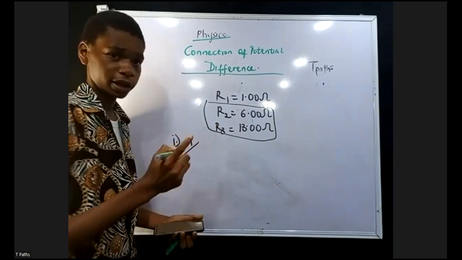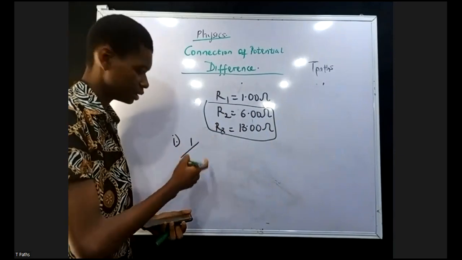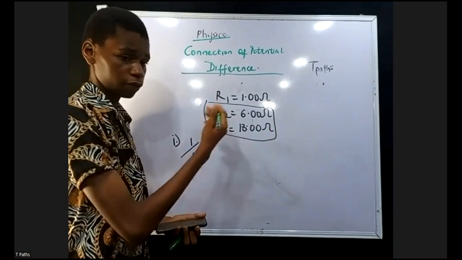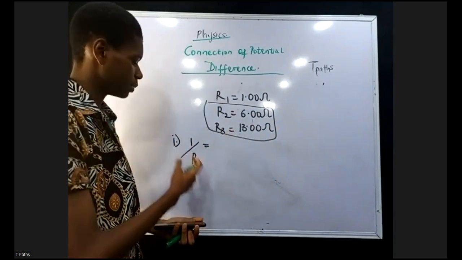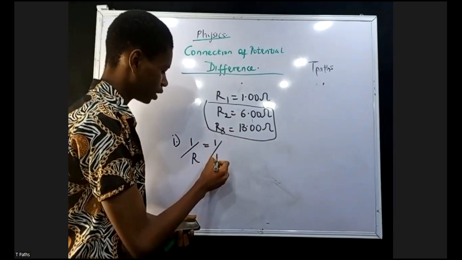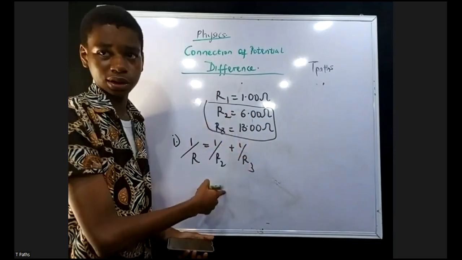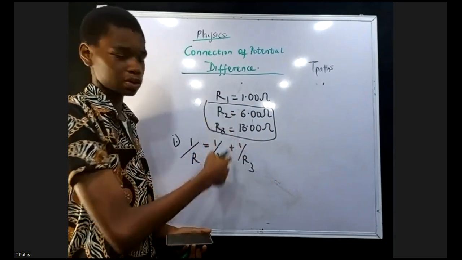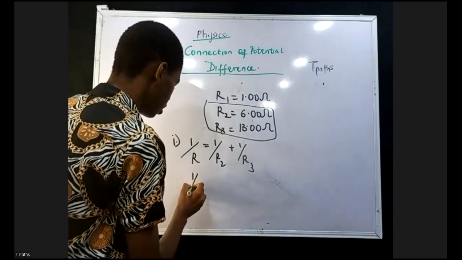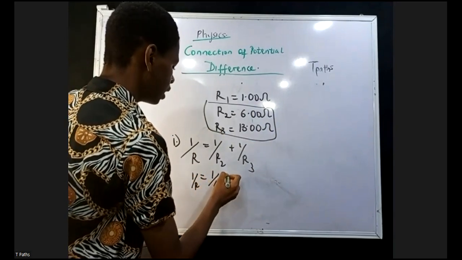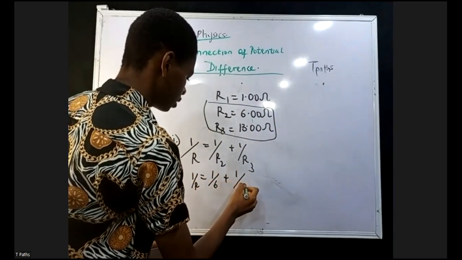Don't forget, in our previous classes, we already did this. The formula for the equivalent resistance of resistors connected in parallel is 1 over R equals 1 over R2 plus 1 over R3. I'm using R2 and R3 here, not R1. So R2 is 1 over 6, and R3 is 13.